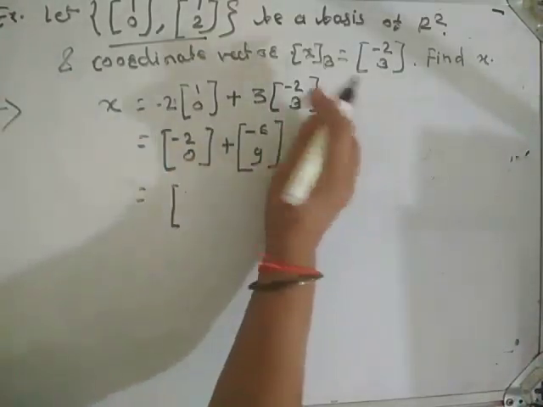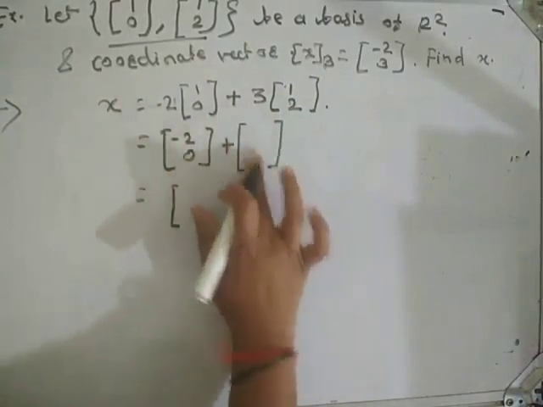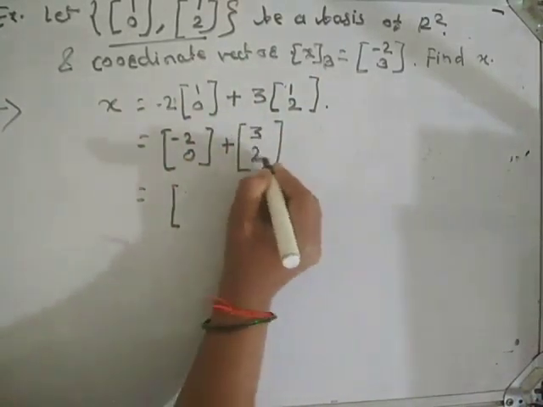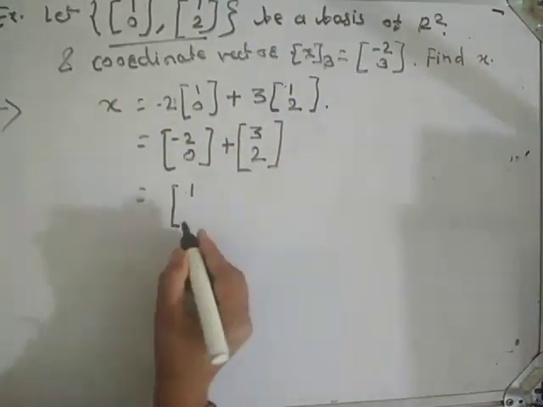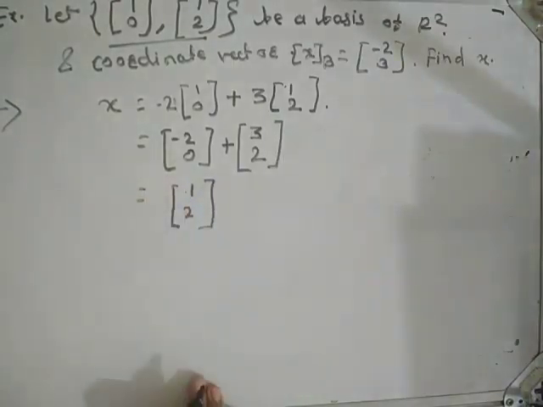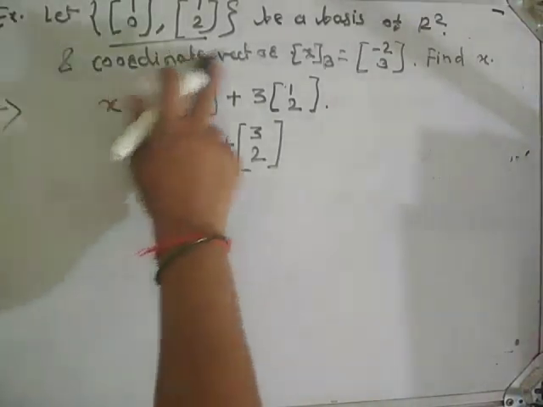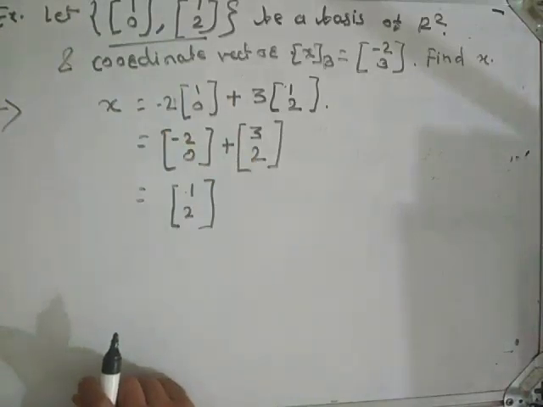Sorry, here it is 3 into 1, 2. So we will get 3, 2. So our X is 1, 2. Okay. This is the method to find X when the coordinate vector and the basis are given.